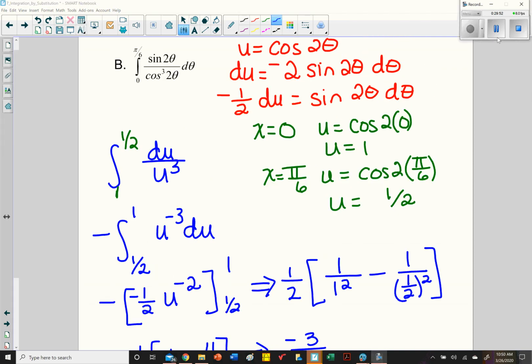Oh yes, back here I did make a mistake. I forgot my 1/2 right here. Let's back this up. So we need this negative 1/2 out here. So there's still a negative 1/2 out here. And that negative 1/2 and this negative 1/2 now becomes 1/4.